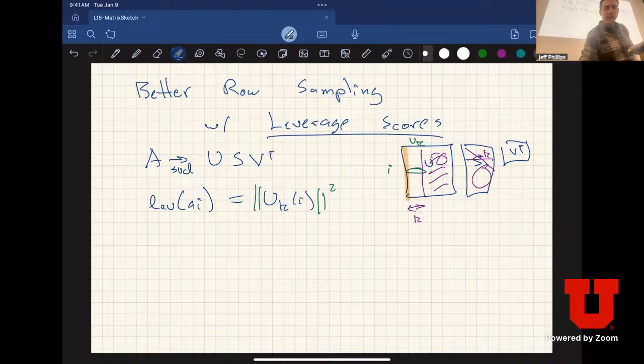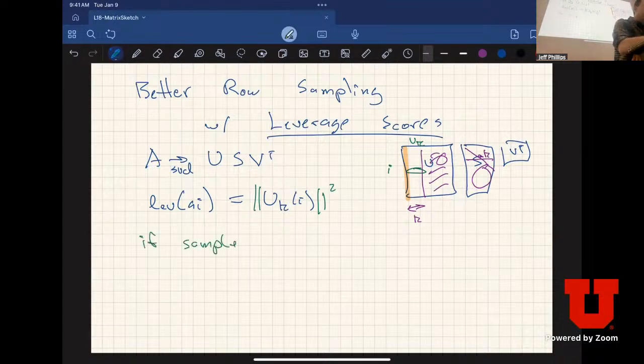Okay, so if we sample L equals, what is it, something, I think this is again k over epsilon squared points proportional to the leverage scores of these a_i, okay?